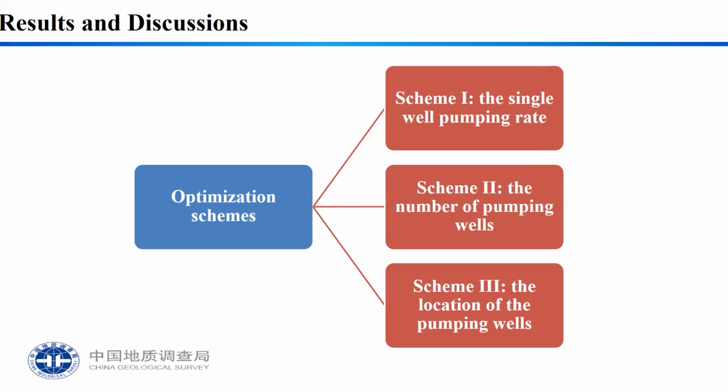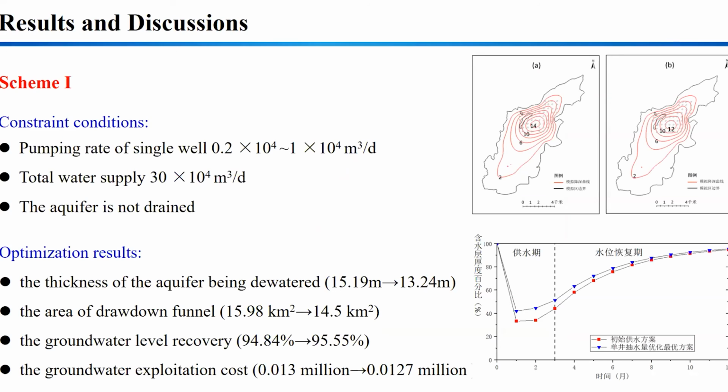We can find the thickness of the aquifer dewatered decreased from 15.9 to 13.24 meters.